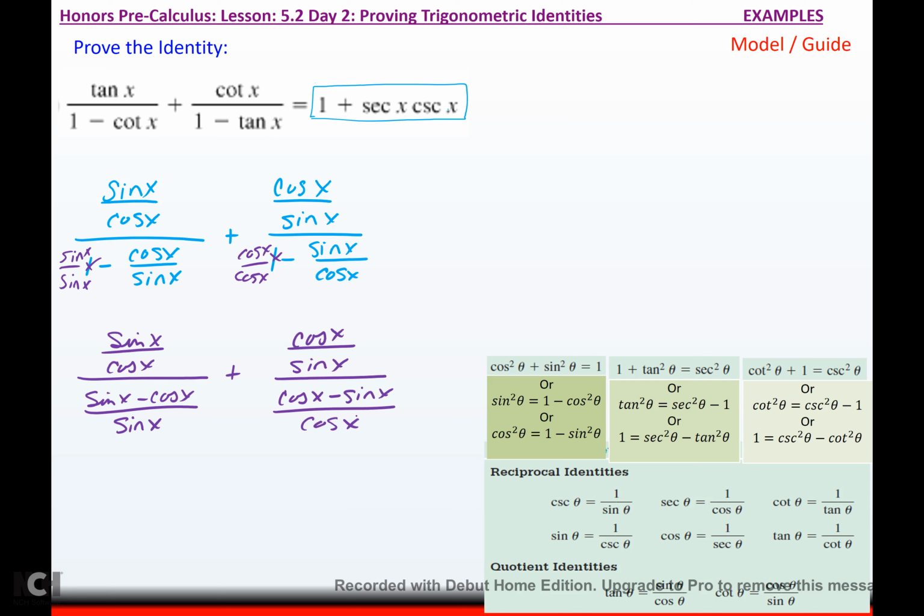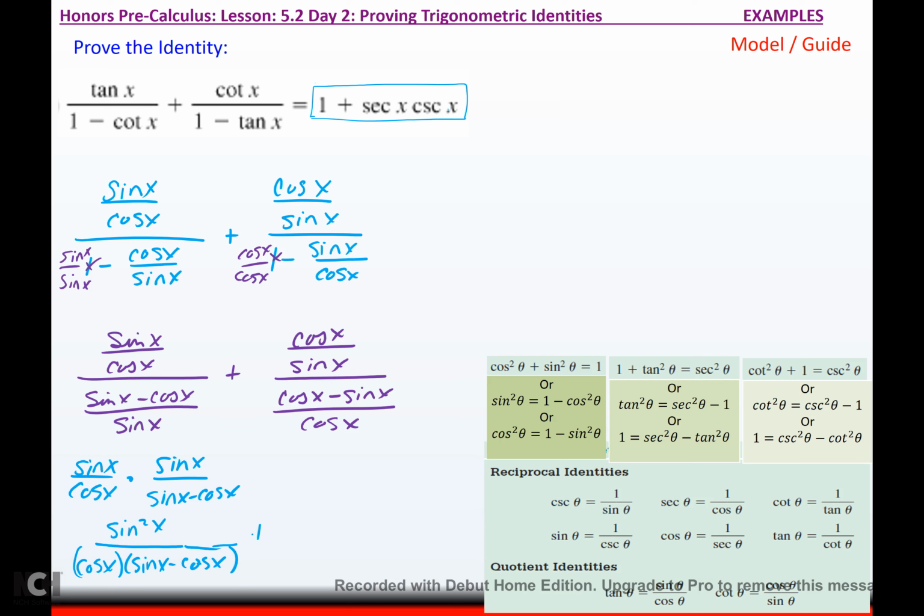And now, if I flip both of these, I would keep the sine x over cosine x times sine x over sine x minus cosine x, and that gives me sine squared x over cosine x times sine x minus cosine x.